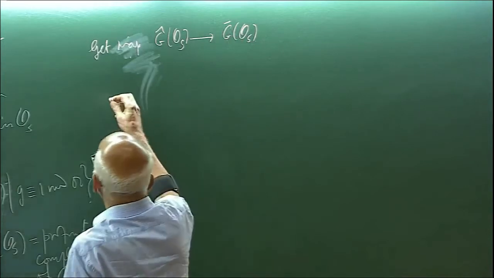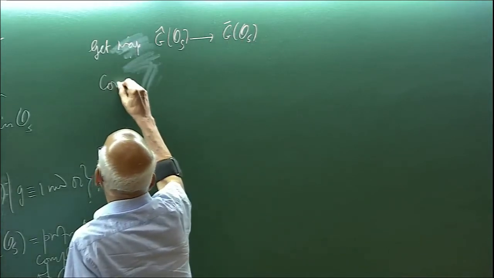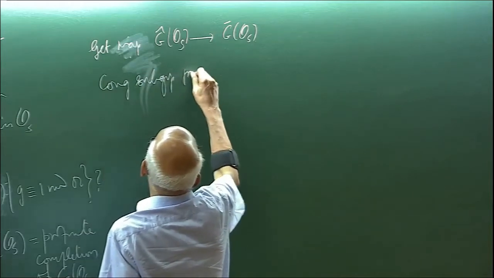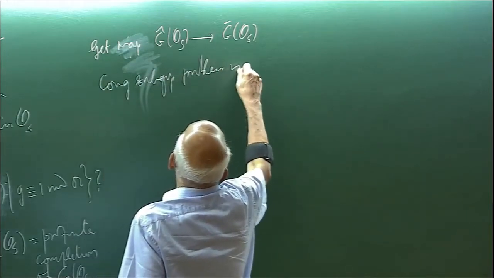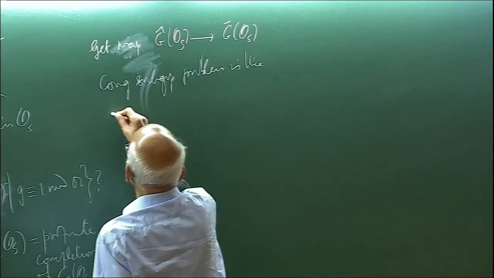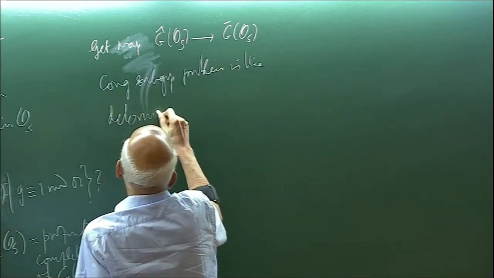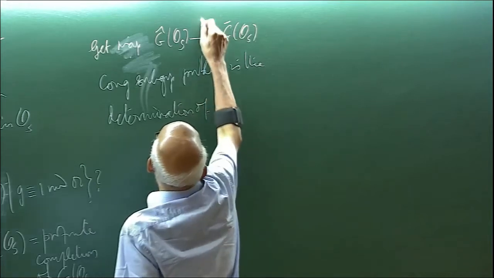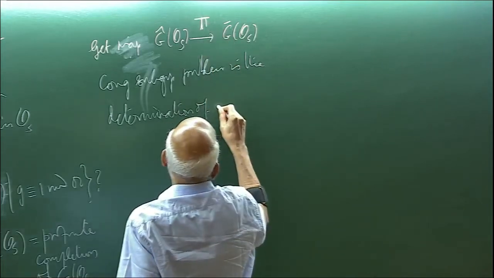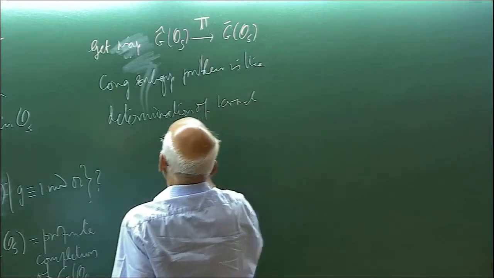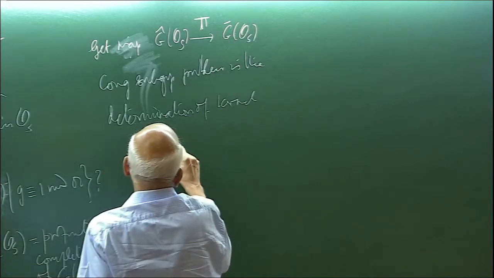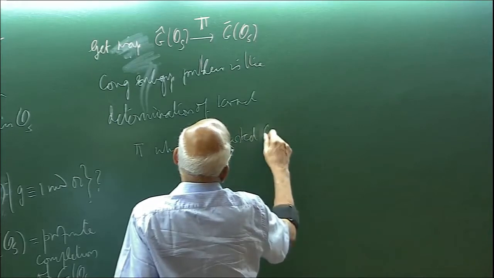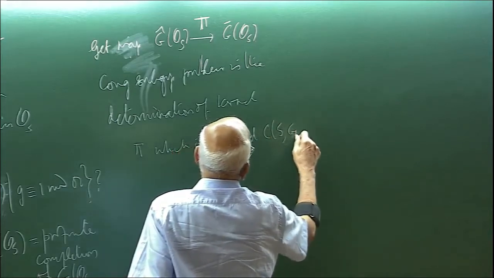So the congruence subgroup problem, if you like, is the determination of this kernel, the kernel of pi, which I denote CS(G).